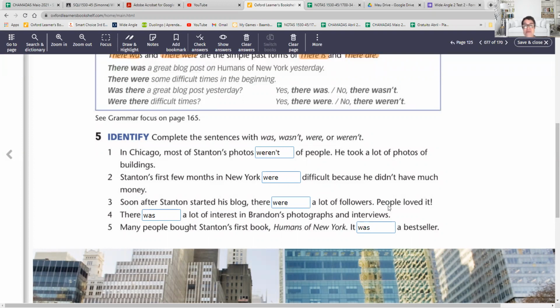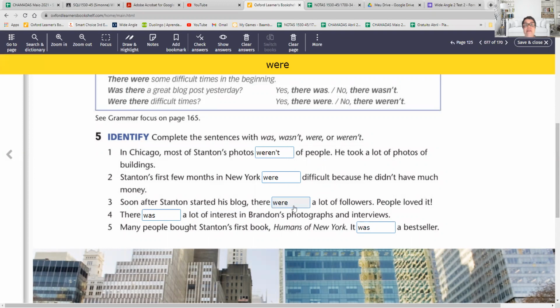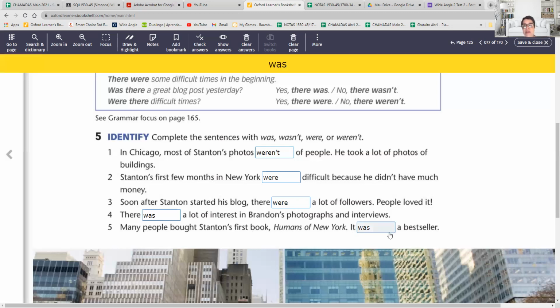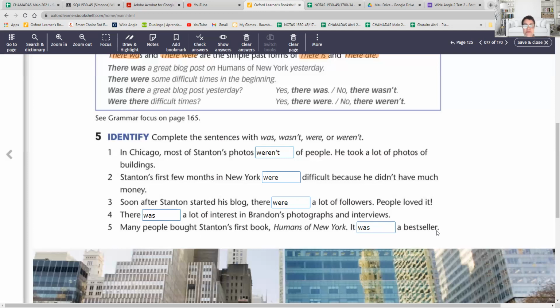People loved it. It's coherent, okay? Number 4: there was a lot of interest in Brandon's photographs and interviews. Number 5: many people bought Stanton's first book, Humans of New York. It was a bestseller.